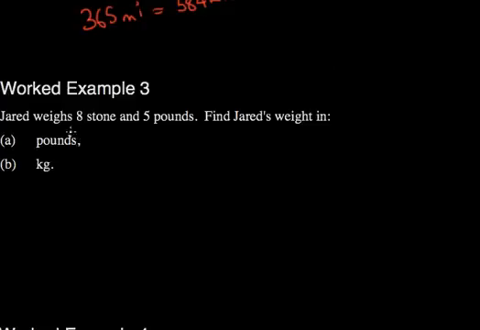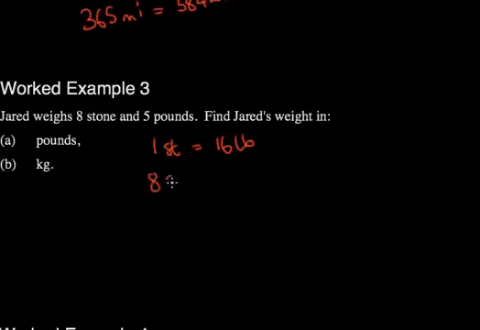The third example, Jared weighs 8 stone 5 pounds. So to work out the total amount in pounds, we have to remember that 1 stone is equal to 14 pounds. Remember, pounds is lb. So to find out what 8 stone is, you multiply both of these by 8.